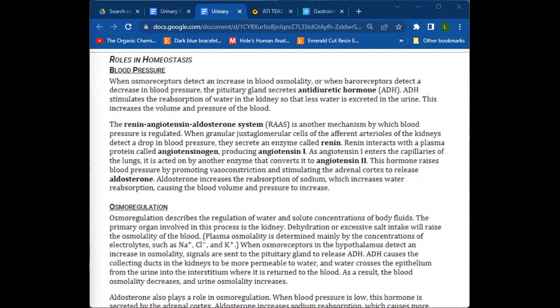then the pituitary gland is going to release the hormone antidiuretic hormone. Basically, a diuretic is going to make you lose water and pee it out. So an antidiuretic hormone is going to do the opposite. It's going to help you conserve and retain water.